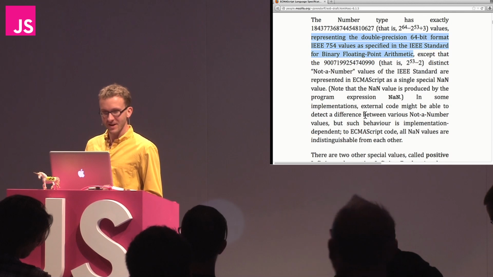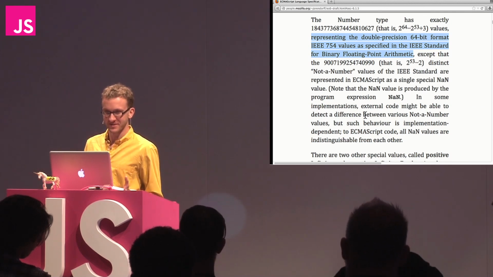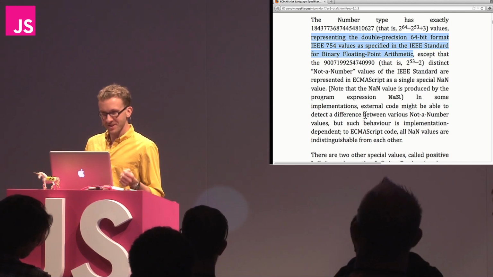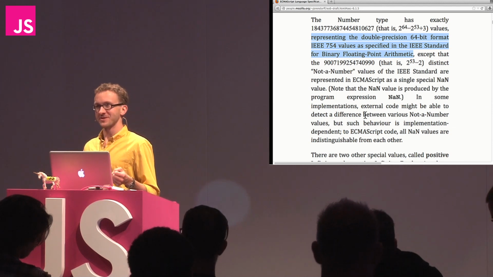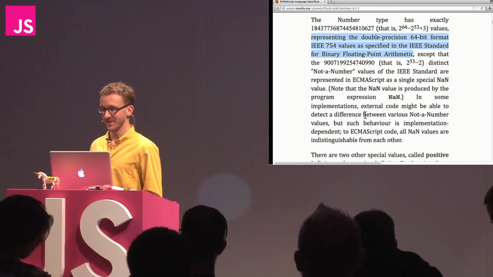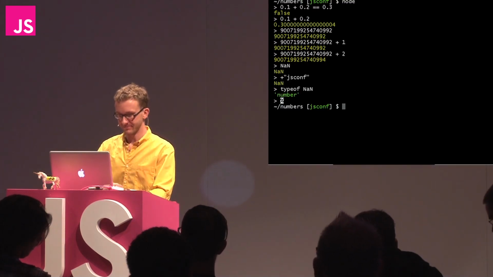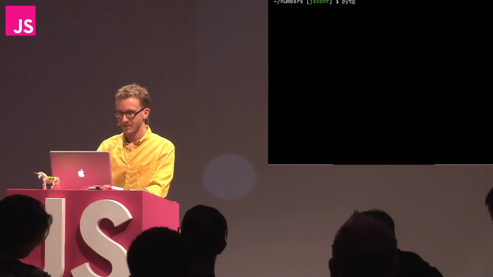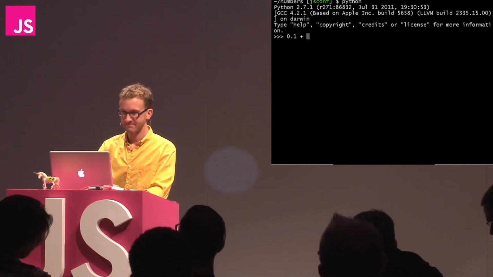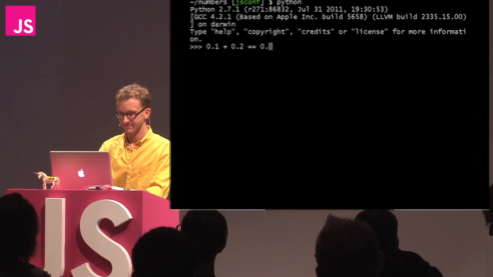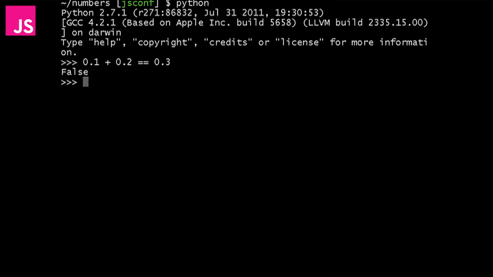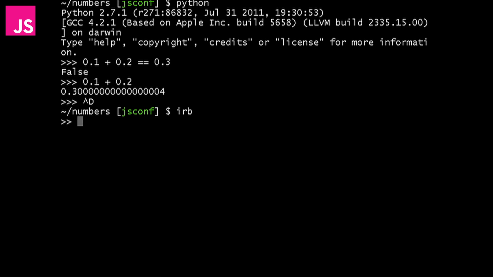So I had to look further, but it turns out that JavaScript is not the first language that uses this standard. There are many others. If you try, for example, Python, we have exactly the same problems in here. Something more modern, like Ruby.